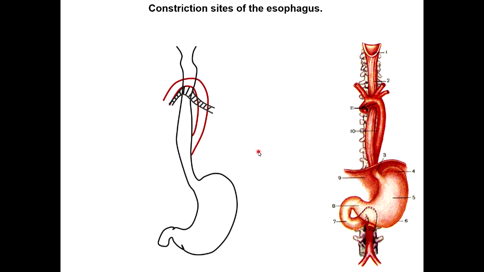These narrow parts called as constriction sites. Some of them are anatomical constriction sites. It means that in cadaveric specimen we can find these anatomical constriction sites in esophagus. There are 3 anatomical constriction sites.